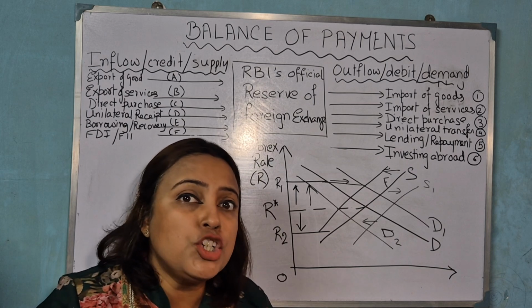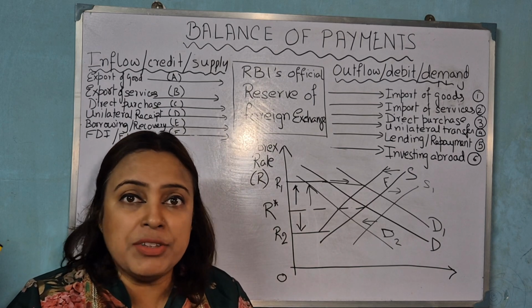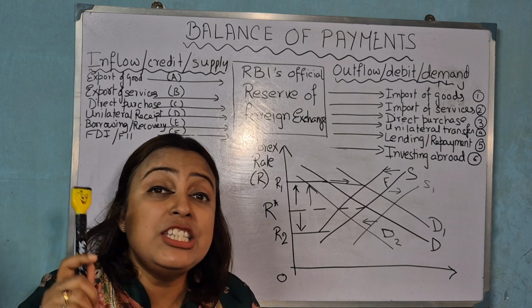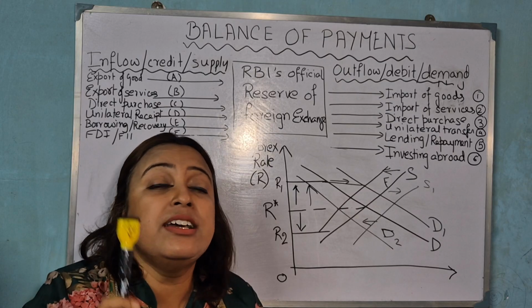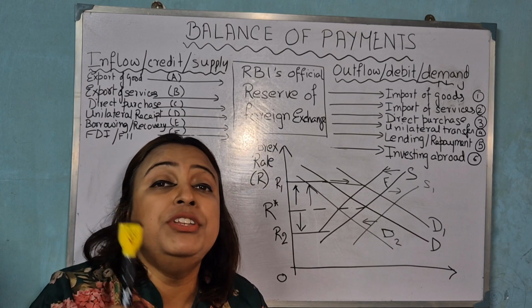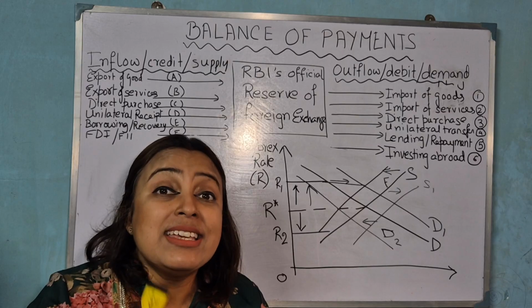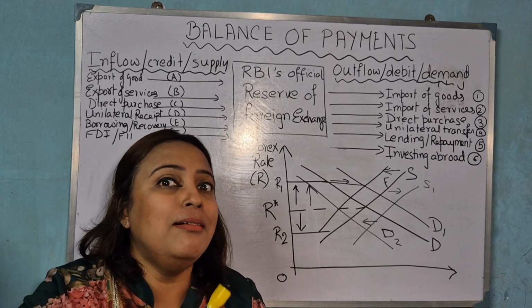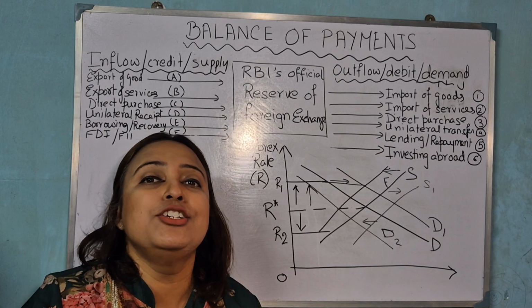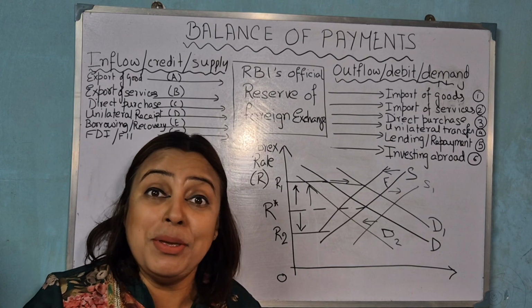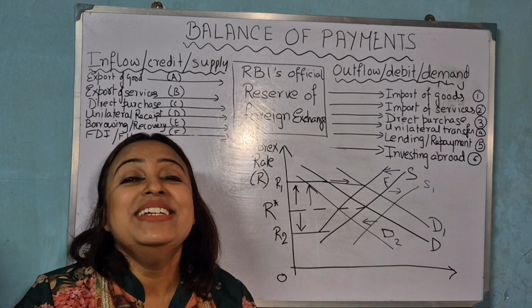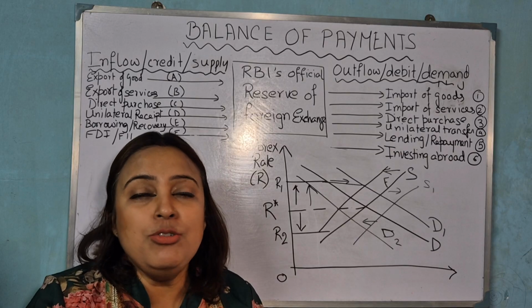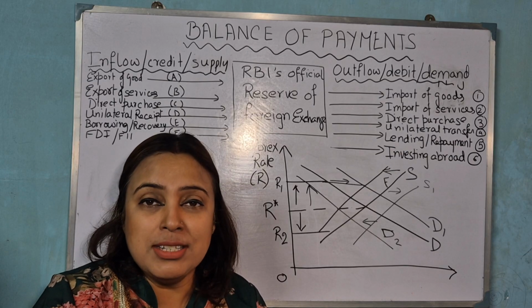China has no compulsion with any monetary institutions of the international level. So China deliberately keeps the value of its currency low, so that its exports are cheaper in the international market, and all the markets of the world are flooded with Chinese goods, and people are buying them also. Okay, so we are now going to round off with the foreign exchange rate concept.